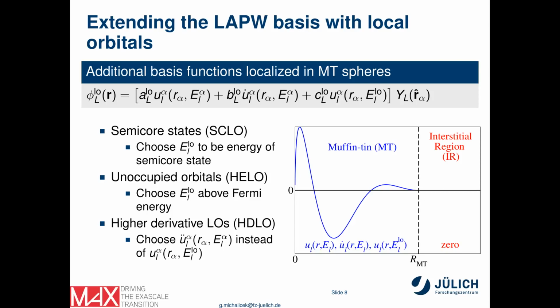And we can also generally improve the description of the LAPW basis around the energy parameters by choosing not a u but a u double dot, so a second energy derivative evaluated at the same energy parameter as we use for the LAPW basis functions.